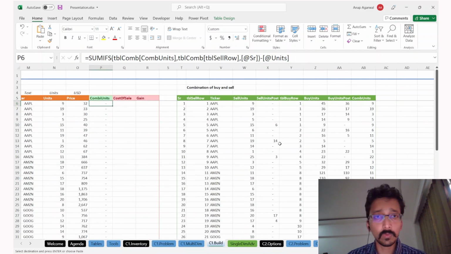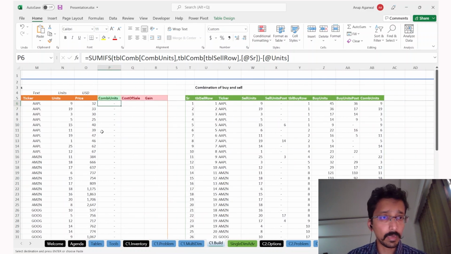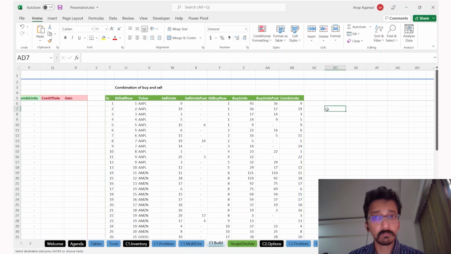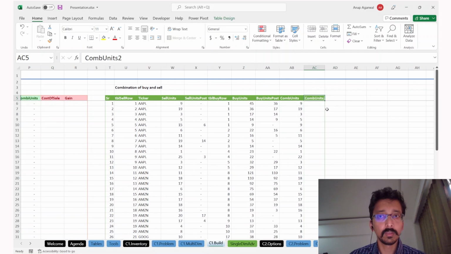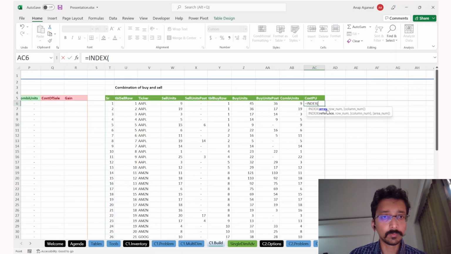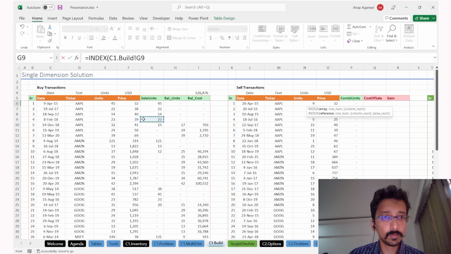Okay, so now we want to figure out what is the cost of this sale. For that, we will need a few helper columns over here to tell us, let's say, cost per unit. Sorry, not here, here.